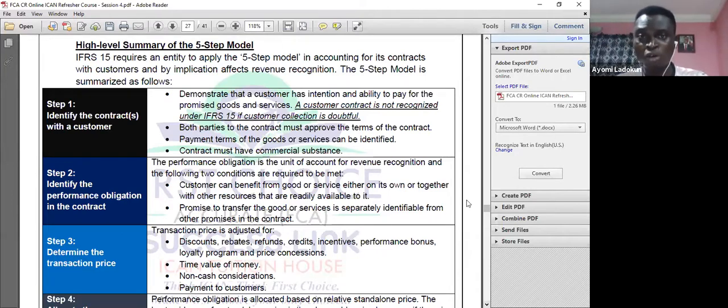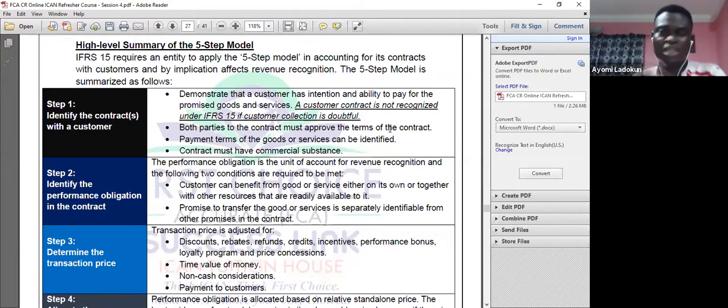Then my step four is the combination of step three and two. Allocate the transaction price, which is step three, to separate performance obligation in the contract, based on standalone selling price. So you allocate step three on step two. Then the last step, step five, is recognize revenue as or when performance obligation is being satisfied.